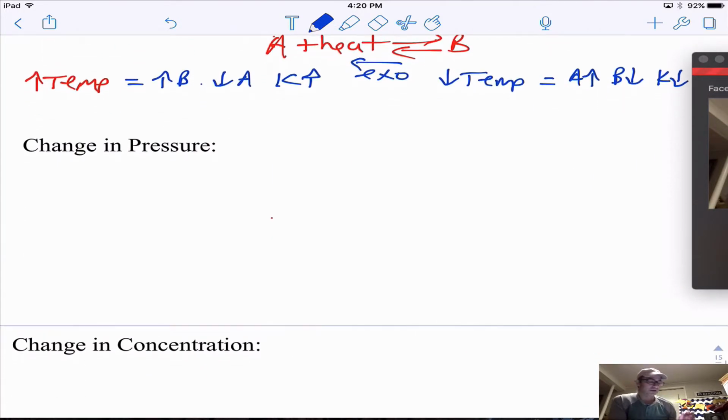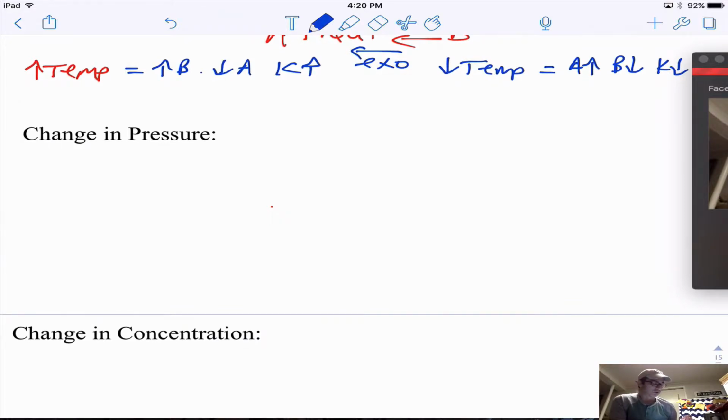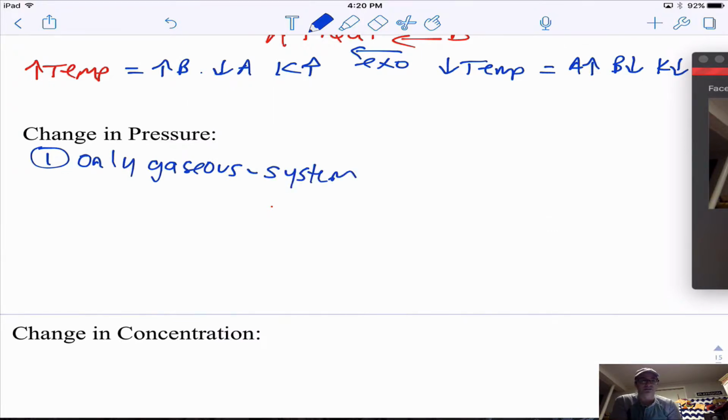All right, the next one is pressure. And so with pressure, first of all, we need to take into account that this is only for gaseous systems. Not everything needs to be a gas in the system, but there has to be at least one gas present.